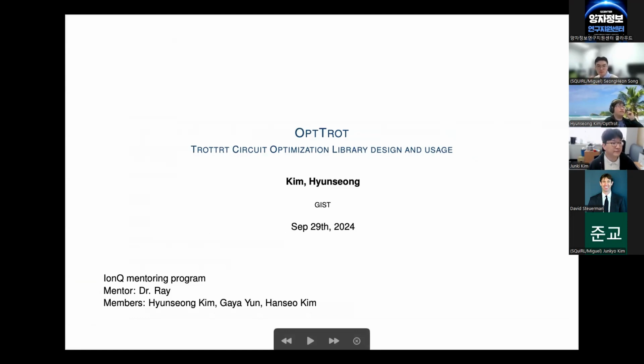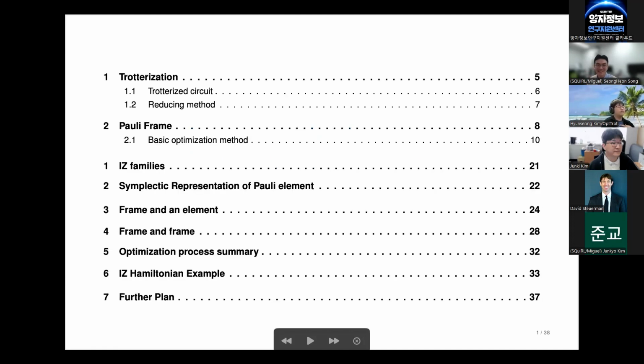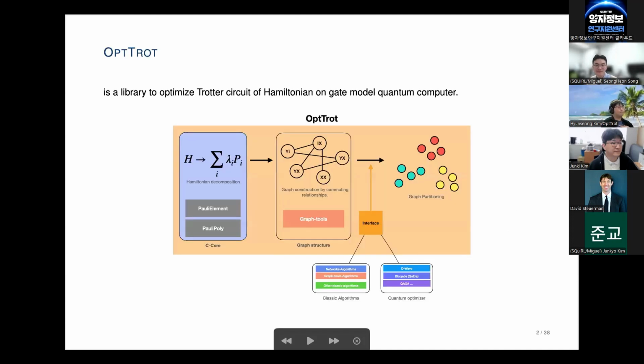Okay, nice to meet you, everyone. I'm Hyun-Sung Kim, and I participated with the OptTrot team in the IonQ mentoring with Dr. Ray as mentor. Today I will introduce the Trotter circuit optimization library, OptTrot, its design philosophy and usage, from what we did in the mentoring session.